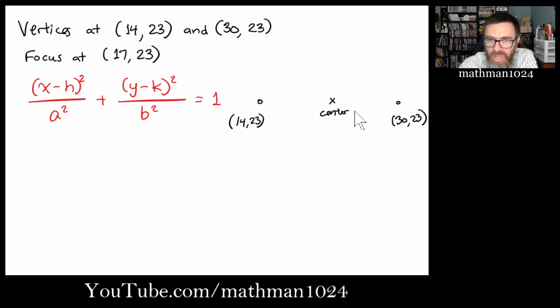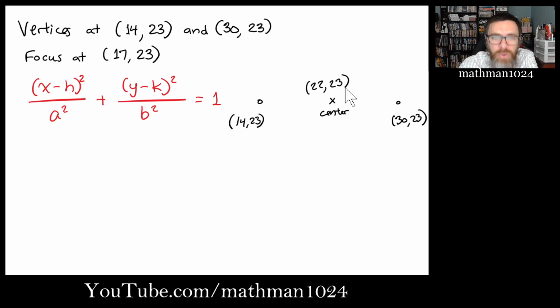The midpoint is just the average of the x's and the average of the y's. So the average of the x values, 14 and 30, you add those, get 44, and half of that is 22. And the y's are the same, so you just get that value, 23.